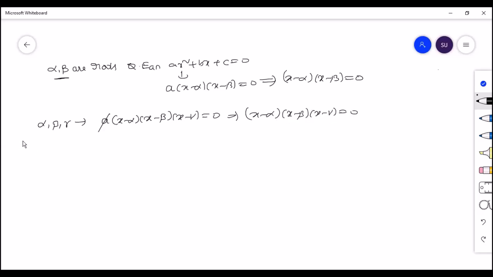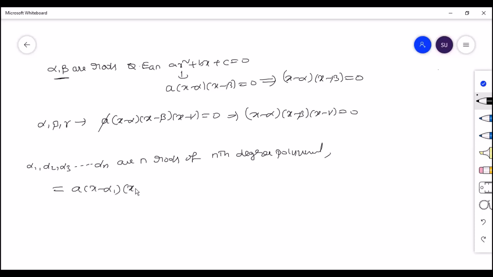In the same way, suppose alpha 1, alpha 2, alpha 3 and so on up to alpha n are n roots of an nth degree polynomial. How to write that equation? It is a into x minus alpha 1, x minus alpha 2, x minus alpha 3, and so on, x minus alpha n is equal to 0.